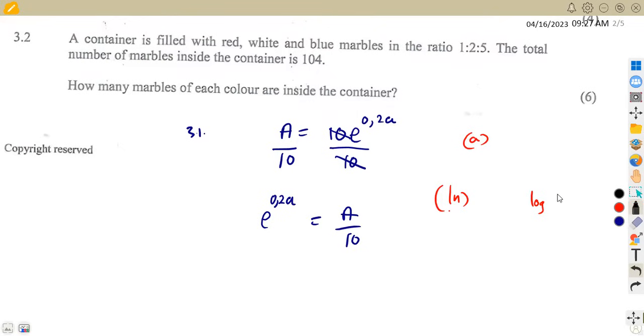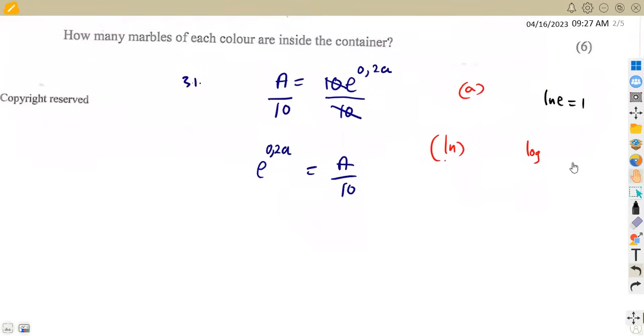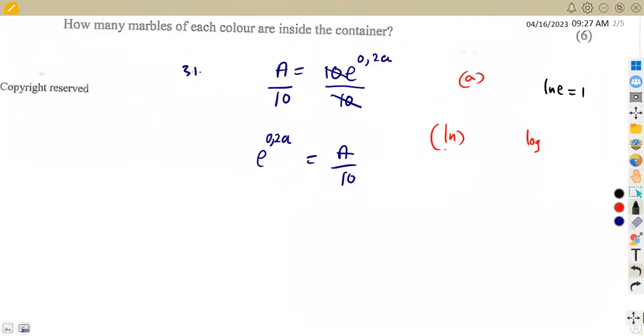Why introducing ln? Because we know that the ln of e is equal to 1. So we can introduce ln both sides in this case. So this is going to be the ln of this expression e to the exponent of 0,2a, which is equal to, introduce ln, this is going to be ln A over 10 in this case.